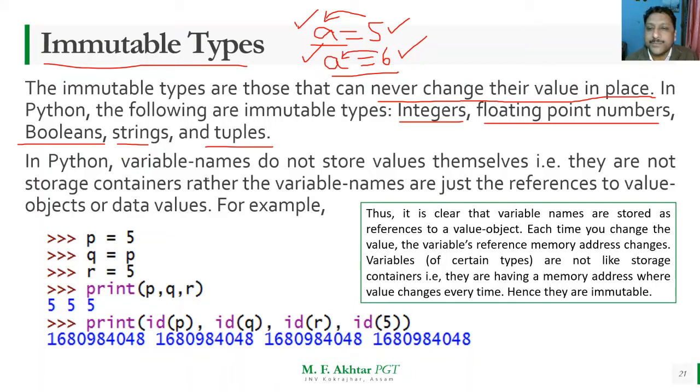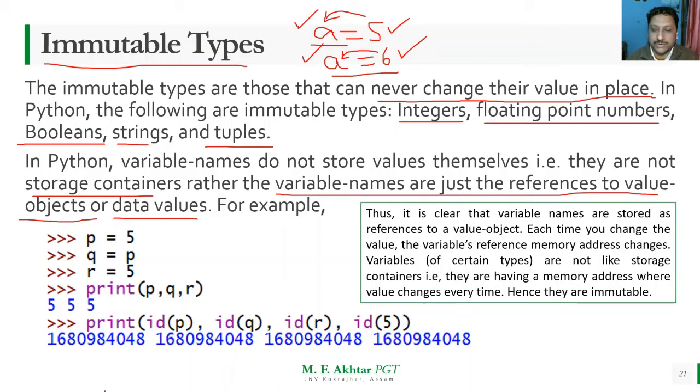See here, variable names do not store values themselves. They are not storage containers. The variable names are just the reference to value objects or data objects, just the link, just a pointer for those values. You can see an example also.